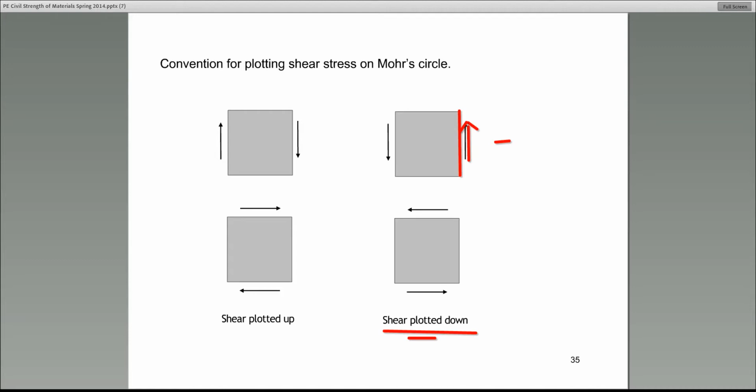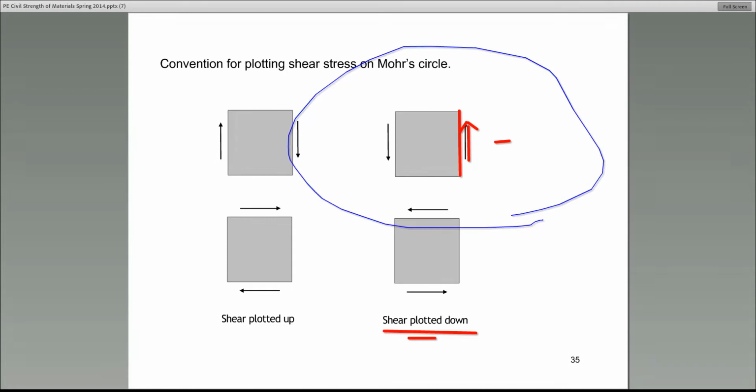Let me tell you another way of looking at it, a quicker way. Look at each one of these separately. So just look at the shear stress acting on one face. Does that shear stress create a clockwise or counterclockwise rotation about the center of the block? Guys, to keep things in perspective, I'm trying to decide whether this shear stress, which would be the y coordinate of the point on the circle, is plus or minus.